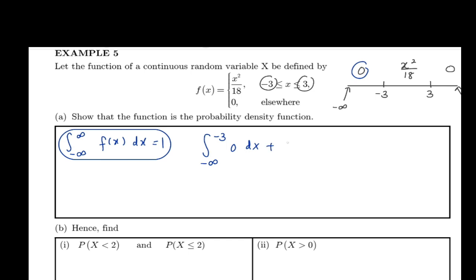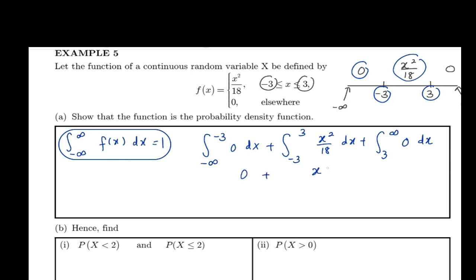And then add the integral from negative 3 until 3, where the function is x squared over 18. And then from 3 until infinity, the function is 0. Integrating the 0 function will give us the value of 0, and here will be x cubed over 54.